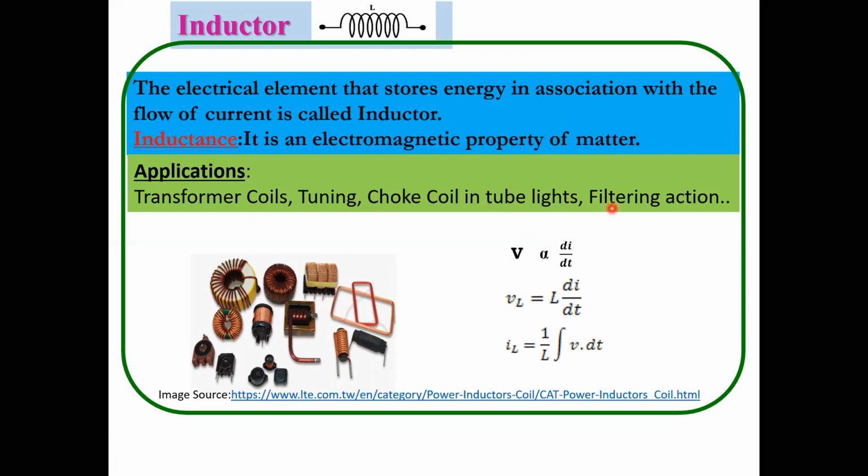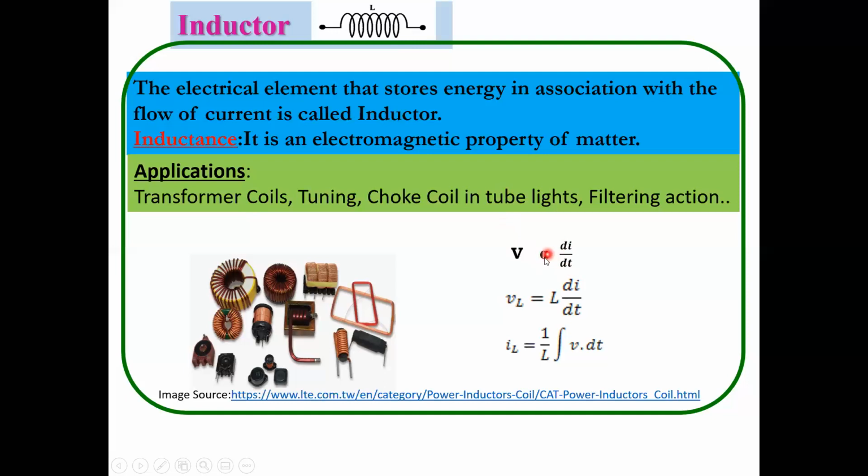Try to observe, when I pass some voltage across these two terminals, current flows across this coil. Current flowing across this coil produces magnetic flux. That's why it stores energy in a magnetic field. And the voltage across an element is directly proportional to the rate of change of current. Try to remember that.